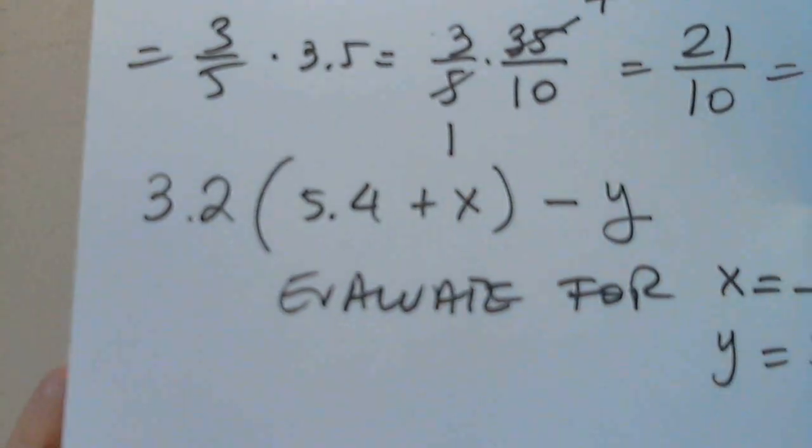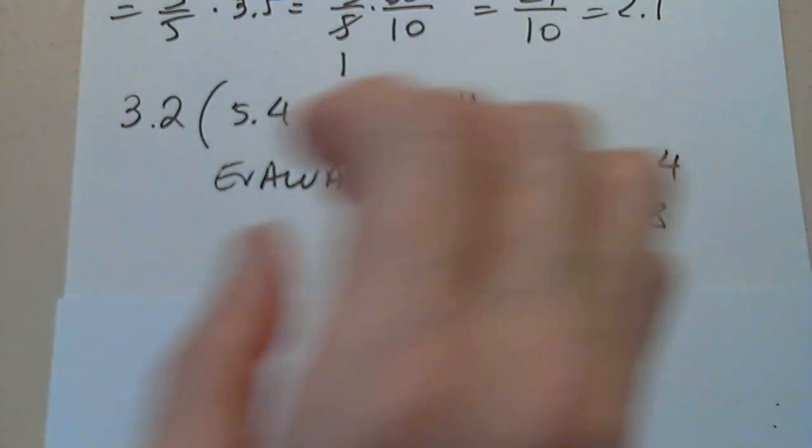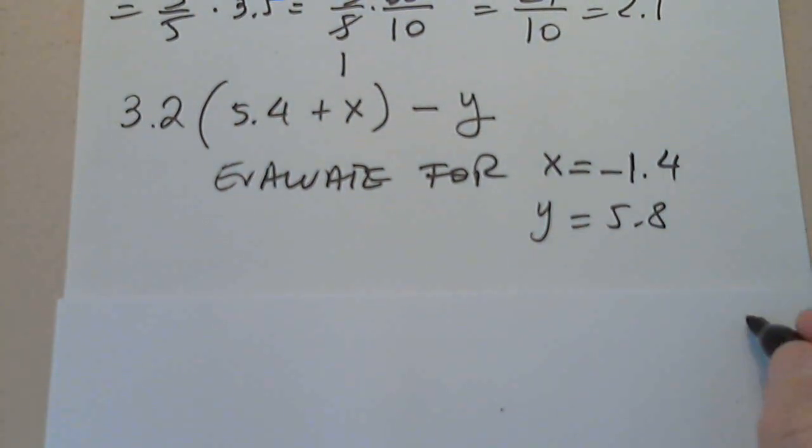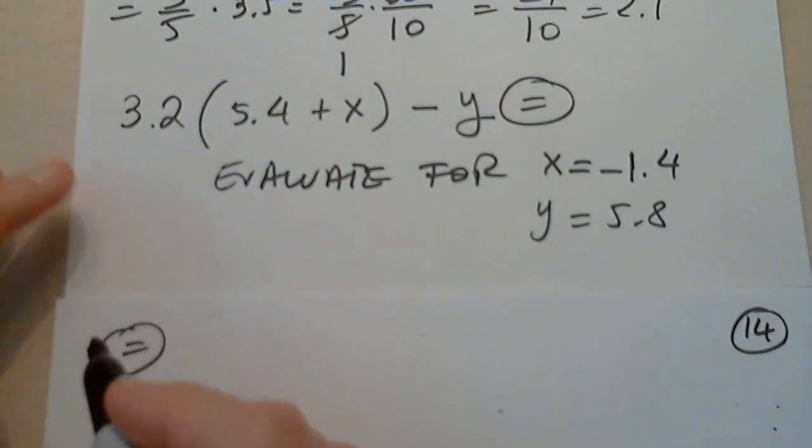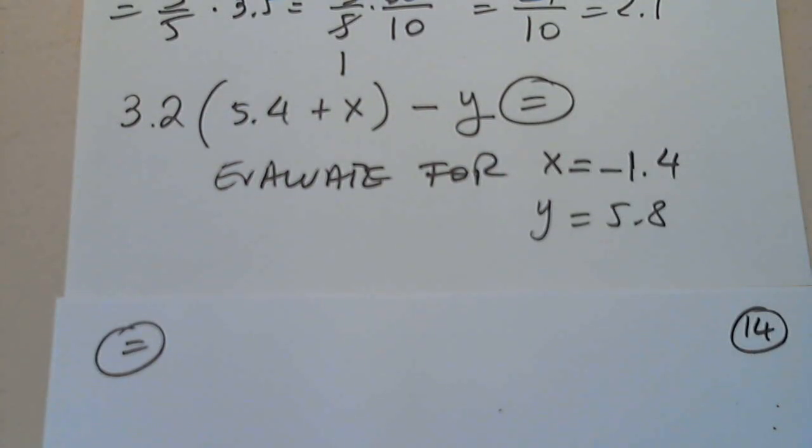Can anyone tell us just the preliminaries? What do I have to write and then simplify? How do I write it? Substitute the numbers for the letters?